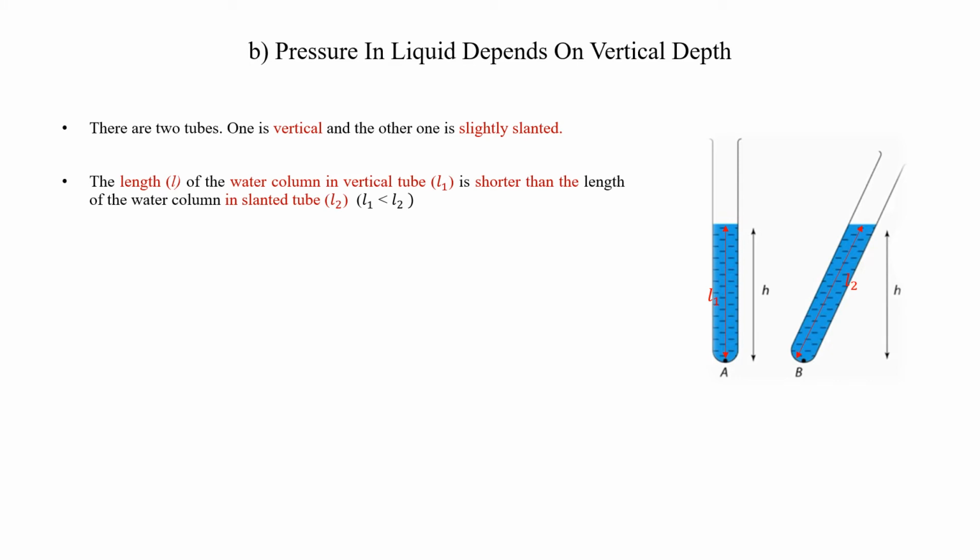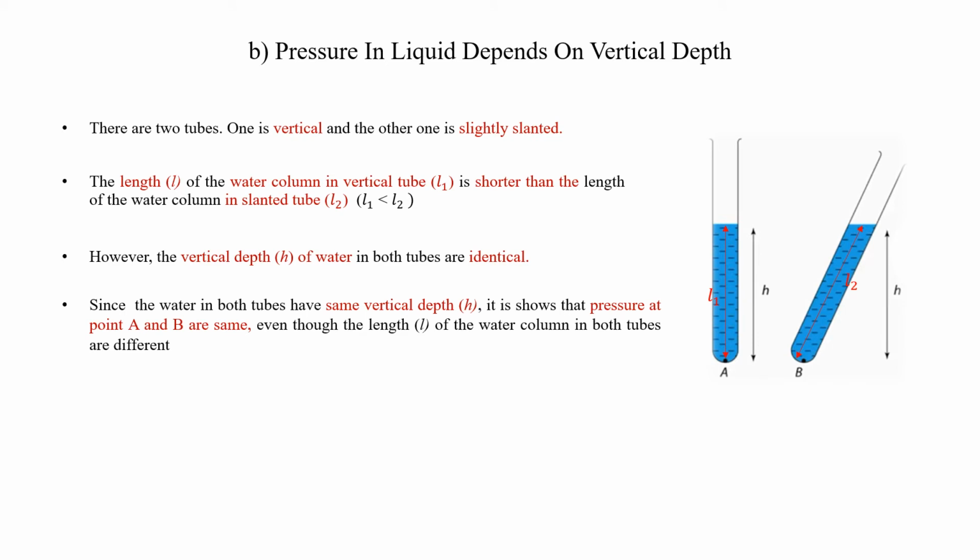The length of water column in the vertical tube, which is L1, is shorter than the length of water column in the slanted tube, which is L2, as you can see in the figure. However, the vertical depth, which is the height of water in both tubes, are identical.